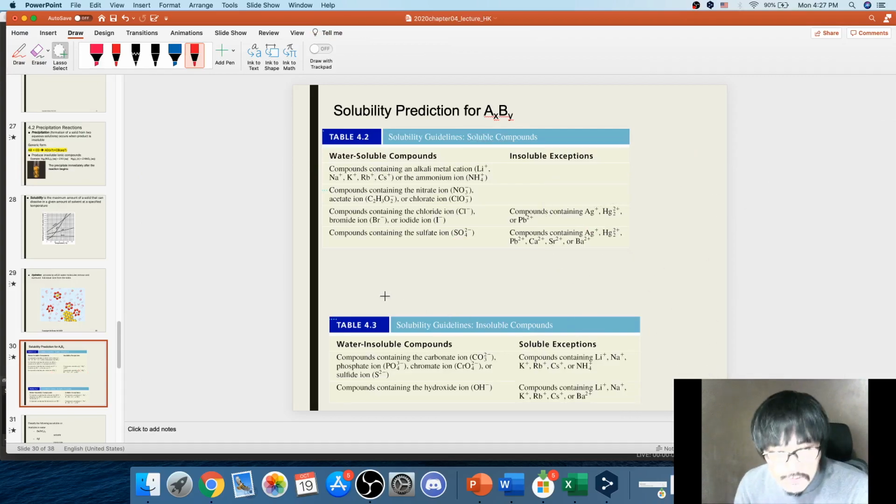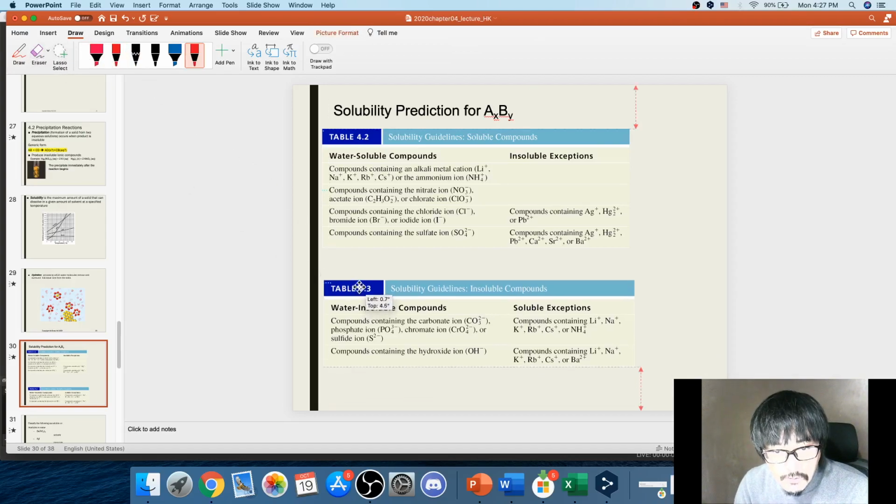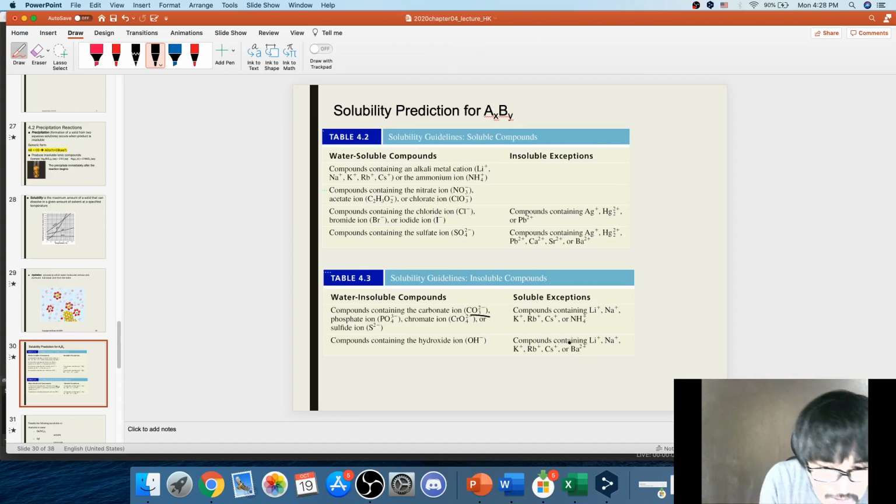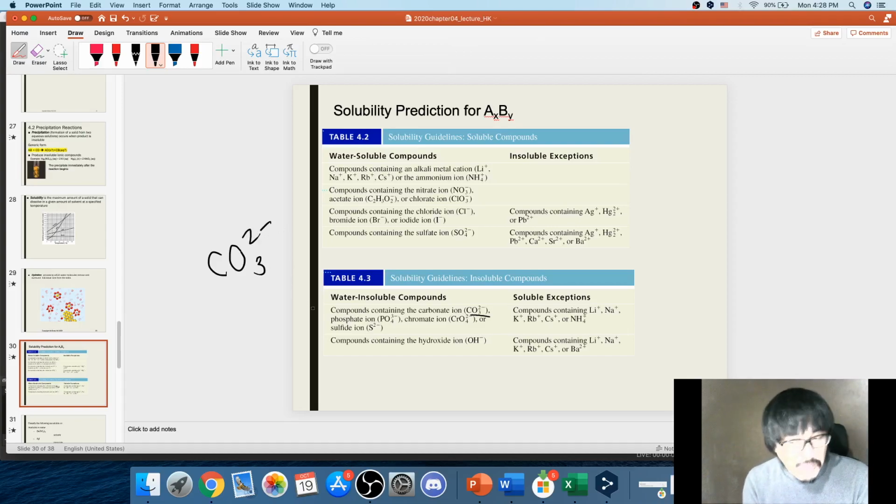Alright, so let's do the next table. This one right here is an insoluble compound table, which means that anything combined with CO3 2 minus will be insoluble no matter what it's combined with, except when it's paired up with these guys.